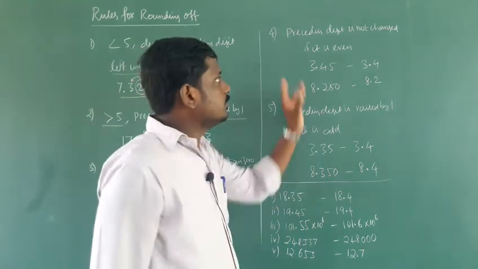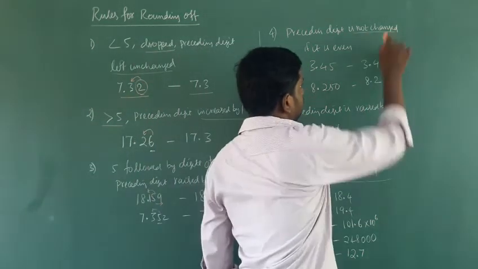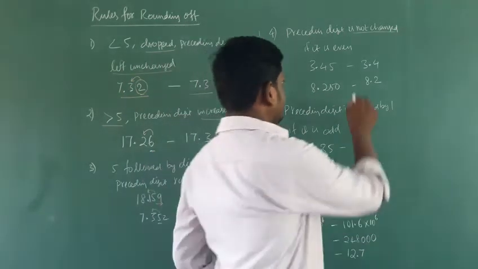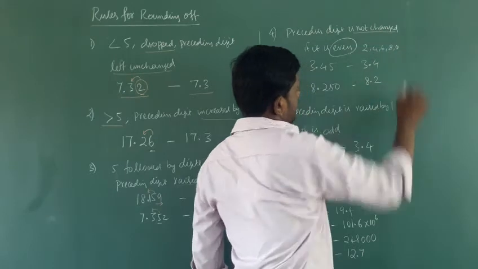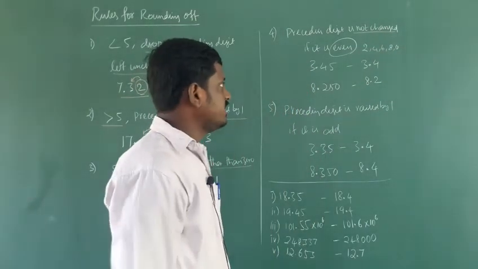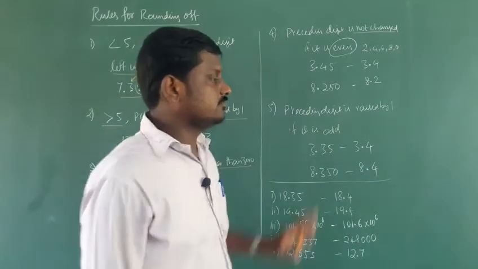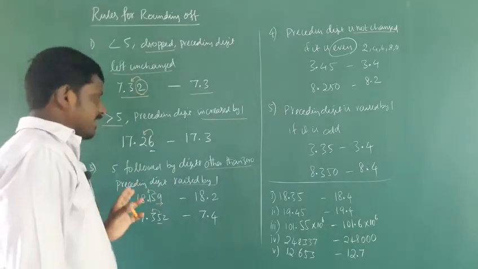Next, the preceding digit is not changed if it is even. Even means 2, 4, 6, 8 and 0. If it is even, I am going to drop 5.